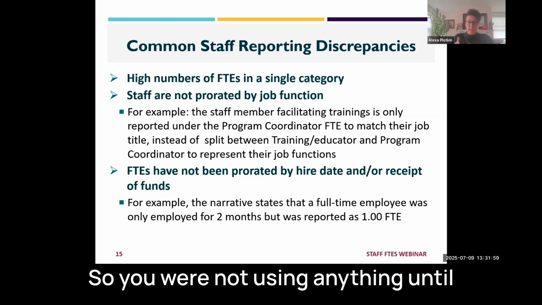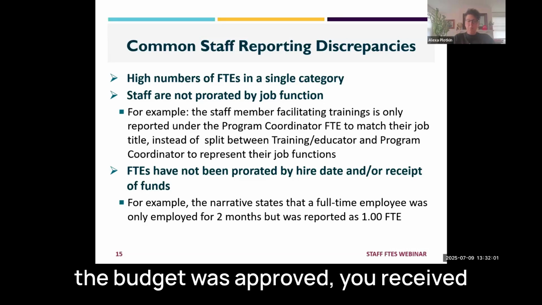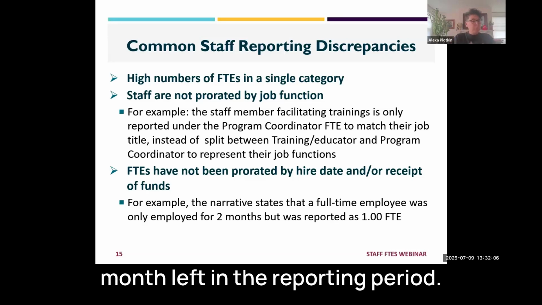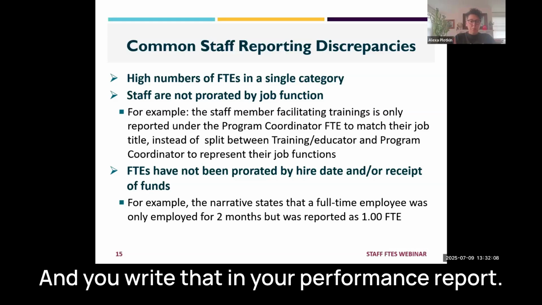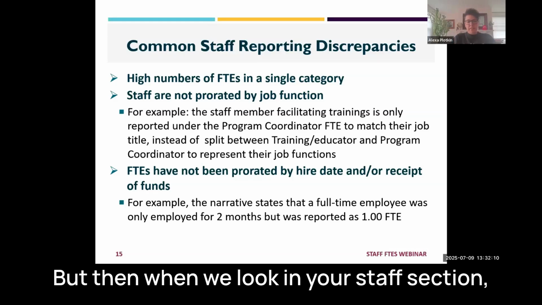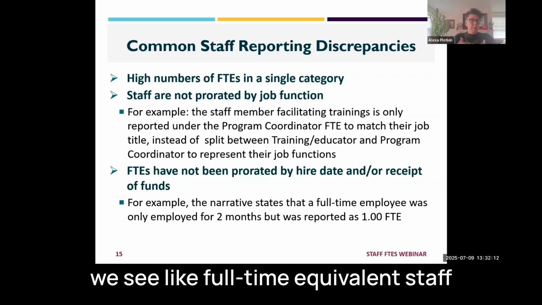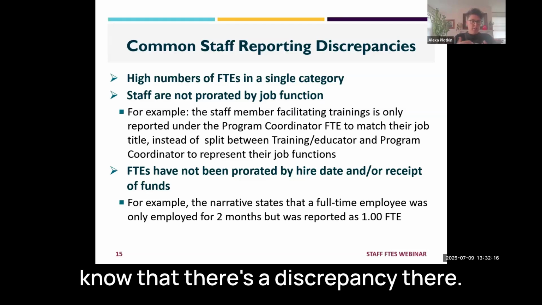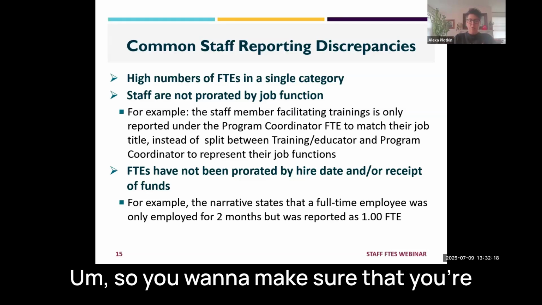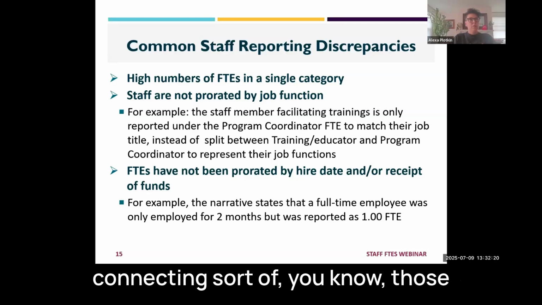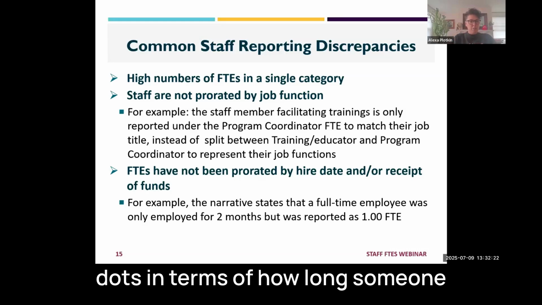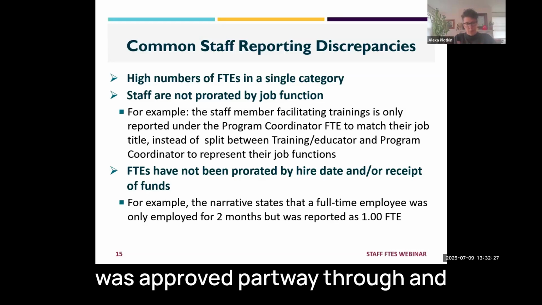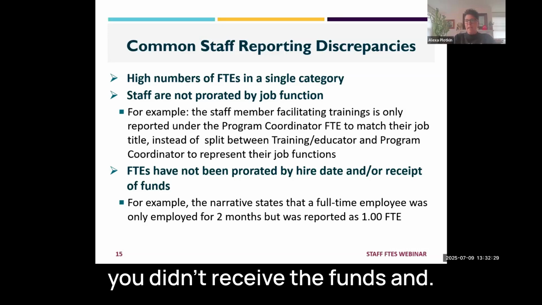So you were not using anything until the budget was approved and you received the funds, and maybe you only had a month left in the reporting period, and you write that in your performance report. But then when we look in your staff section, we see full-time equivalent staff numbers like a 1.0 reported, and then we'll know that there's a discrepancy there. So you want to make sure that you're connecting those dots in terms of how long someone worked in the period, or if your budget was approved partway through and you didn't receive the funds.